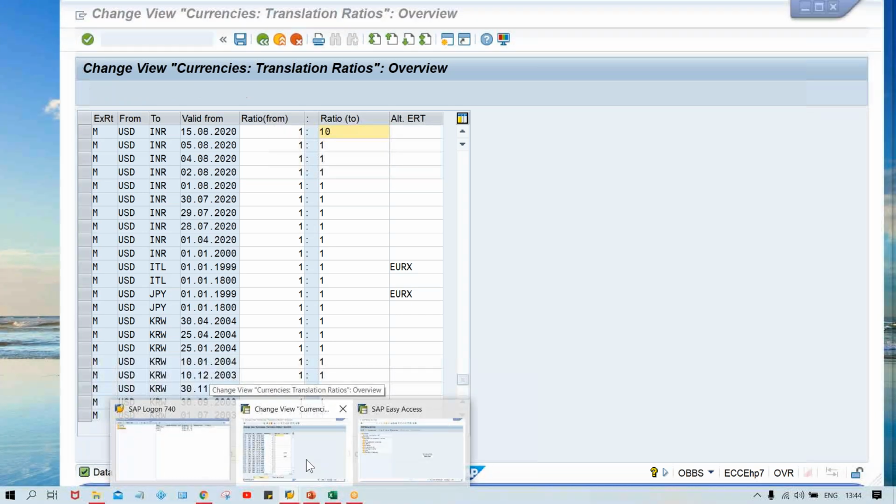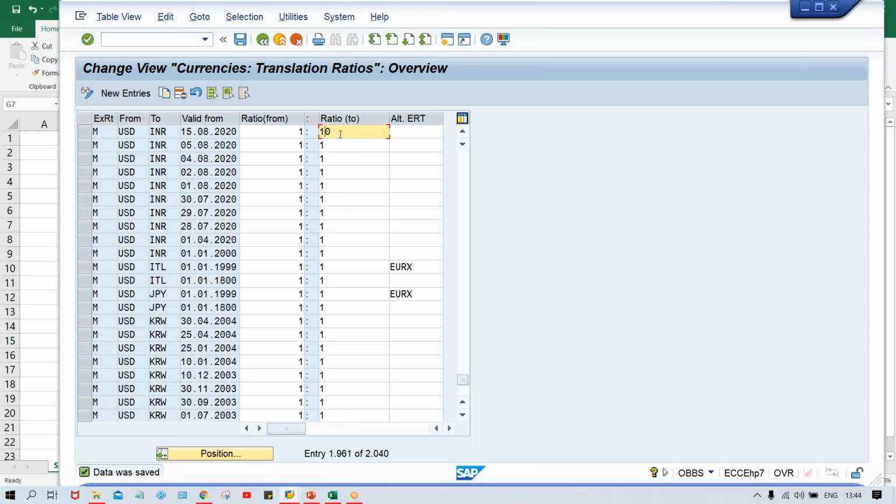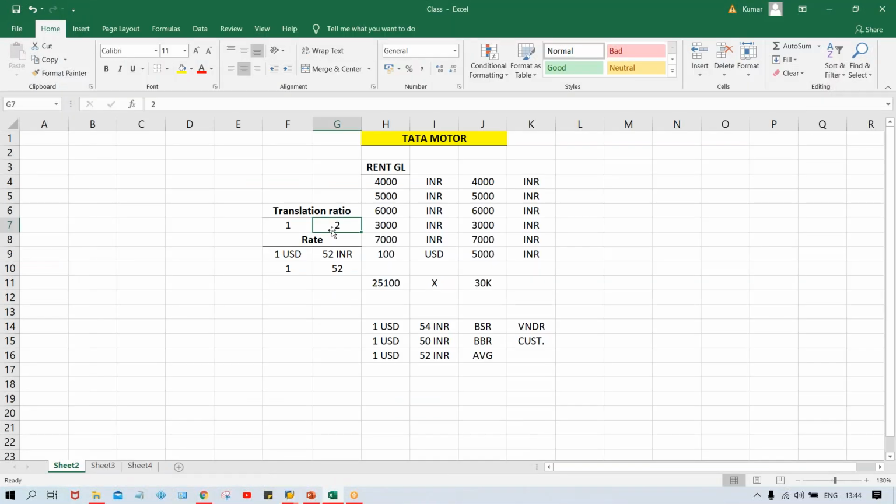Translation ratios are going to be maintained here. 1:10 means 1 USD equals, so 1 multiplied by 1, and 1 USD equals 52 INR, so 52 multiplied by 10. So it is going to be 520 rupees. The system is going to convert in this way.